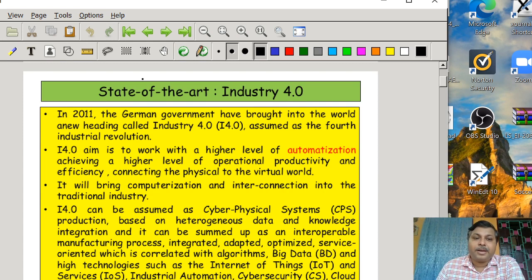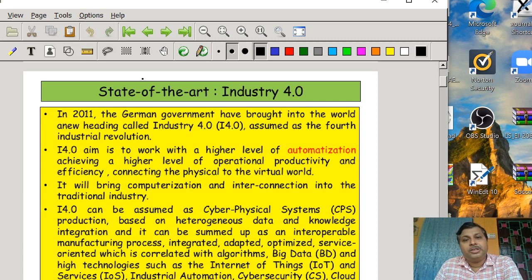Industry 4.0 can be assumed as cyber physical systems production based on heterogeneous data and knowledge integration, and it can be summed up as an interoperable manufacturing process, integrated, adapted, optimized, service oriented, which is correlated with algorithms, big data, and high technologies such as Internet of Things and services, industrial automation, cyber security, cloud computing, or intelligent robotics. So many advanced technologies will be involved in Industry 4.0.